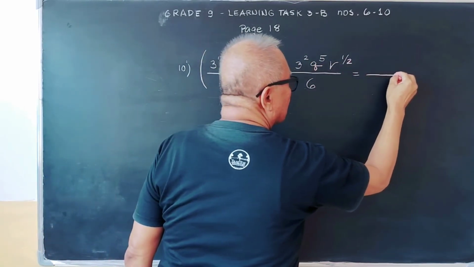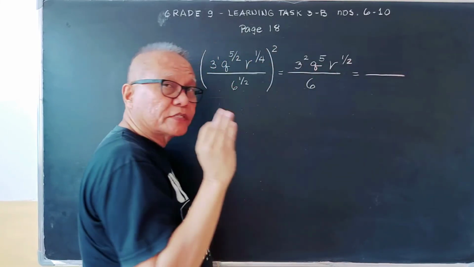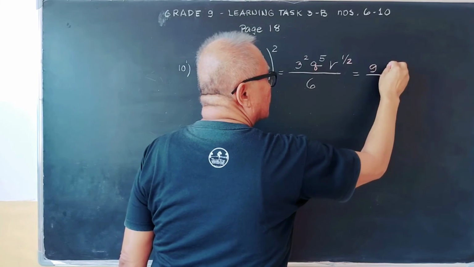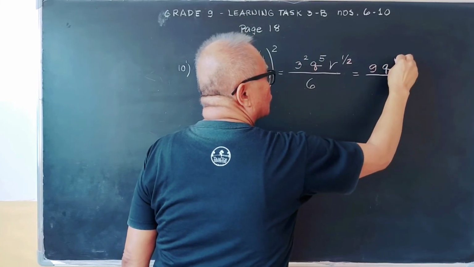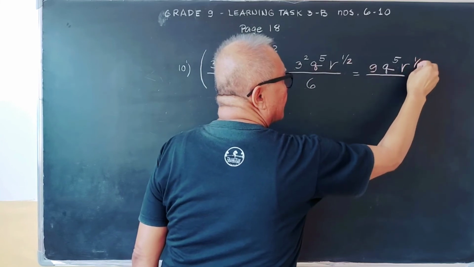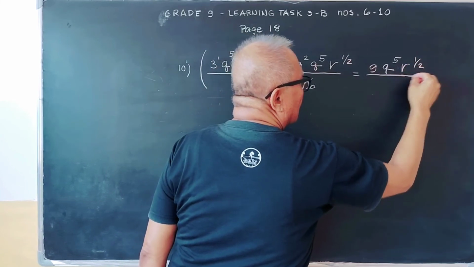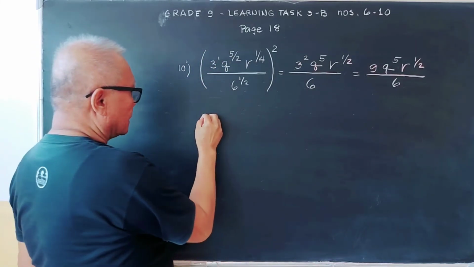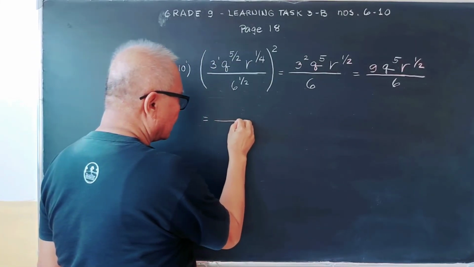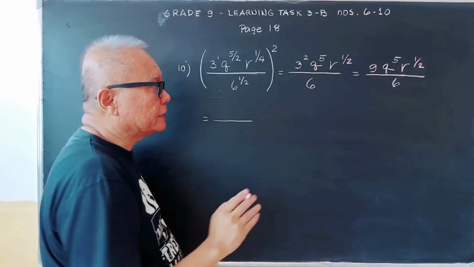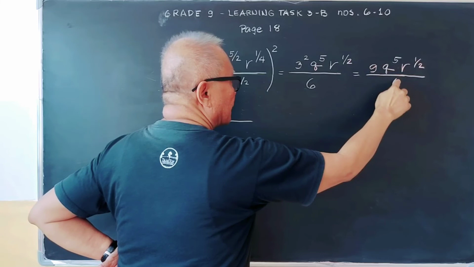Okay. Equals 3 times 3 is 9. Q to the 5th and then R 1/2 over 6. And then here 9 and 6 lowest term natin. I-divide ng 3, divide ng 3.